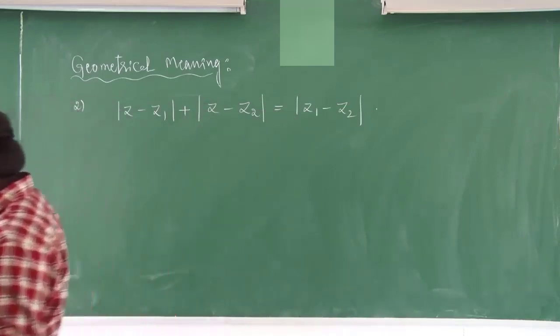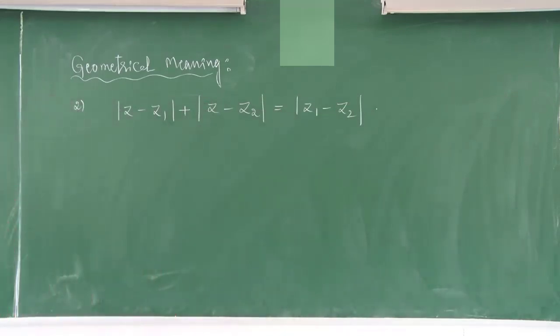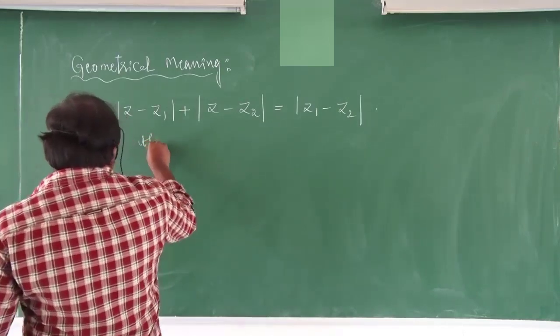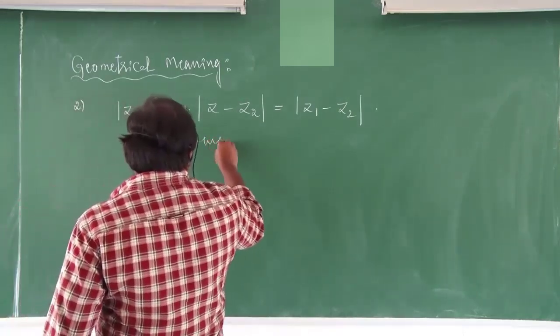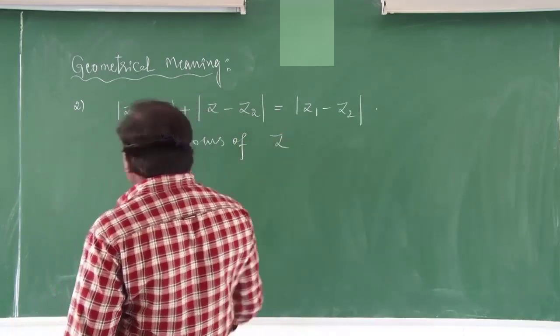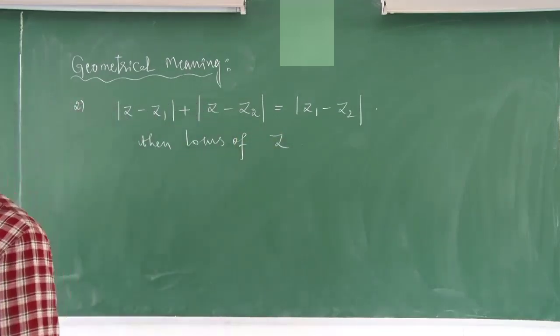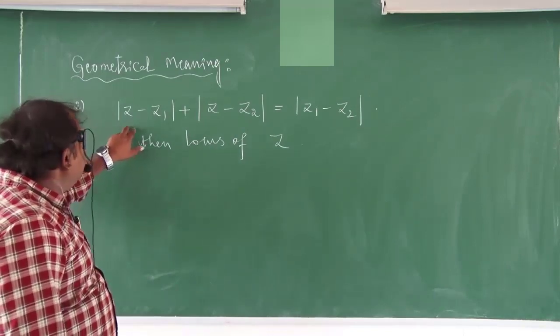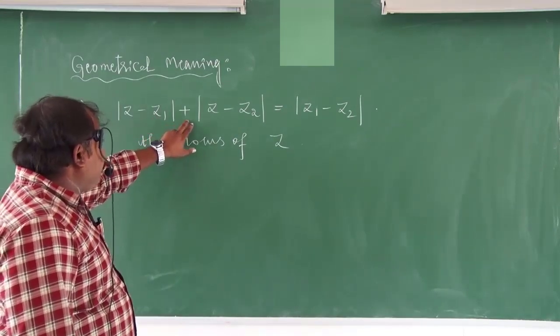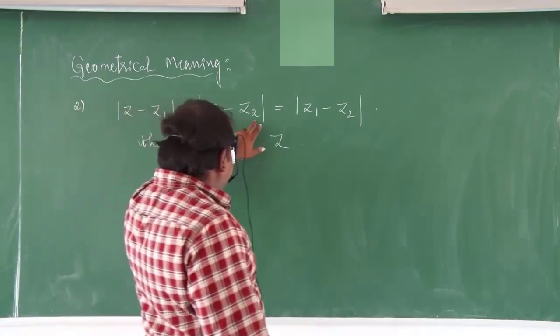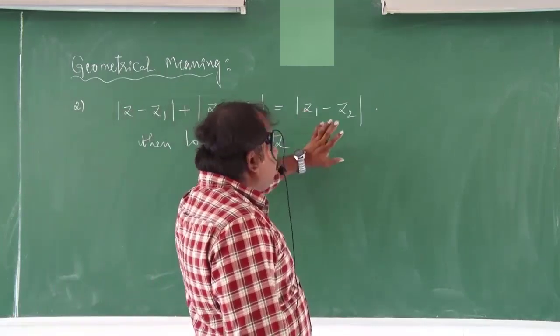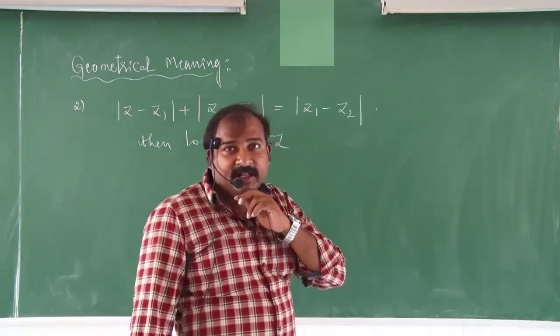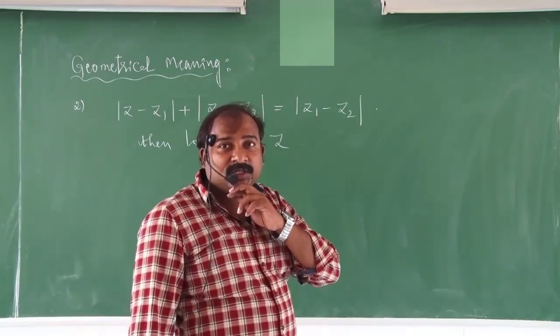If they give like that, then what does that equation indicate? Here also we have to find the locus of Z. If Z satisfies the condition modulus of Z minus Z1 plus modulus of Z minus Z2 equals modulus of Z1 minus Z2, then what is the locus of Z?